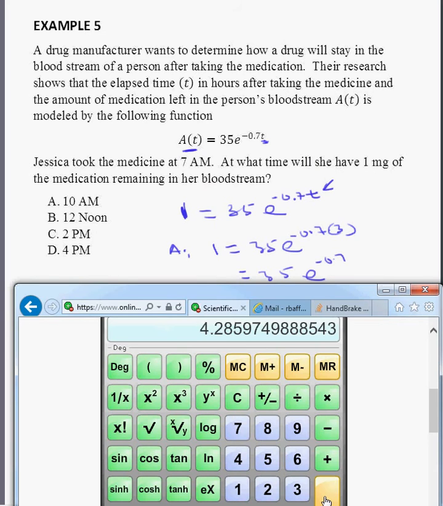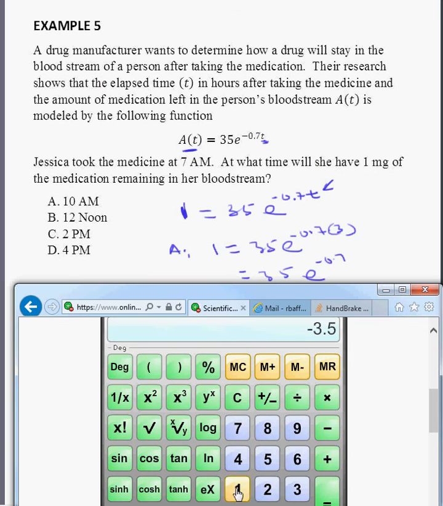Let's go to B. B is 12 noon. 12 noon means we have gone past 7, and that will be 5 hours. So we're going to use 5 hours. Let's come back here and play with our calculator. We're going to do negative 0.7 times, in this case our t is equal to 5, and that is equal to this.